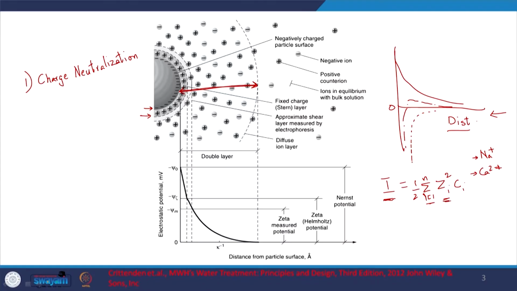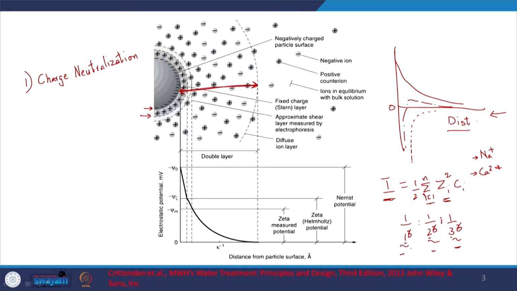Again, we see that here also it is Z squared, and I think we also mentioned the ratio 1 to 2 to the power of 6 to 3 to the power of 6. This will give you an idea about the concentration that is required if it is monovalent, bivalent, or trivalent. Trivalent, that is why 3 charge; bi, that is why 2; mono, that is why 1.